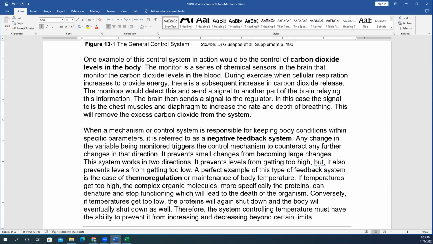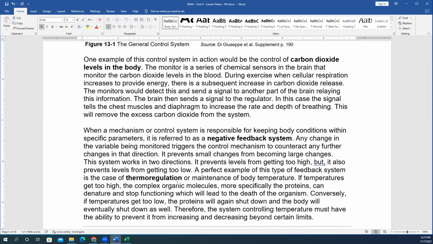So when you have this type of mechanism where it is responsible for keeping the body conditioned within specific parameters, it is referred to as a negative feedback system, in that any change in the variable that's being monitored triggers the control mechanism to then counteract any further changes in that direction.